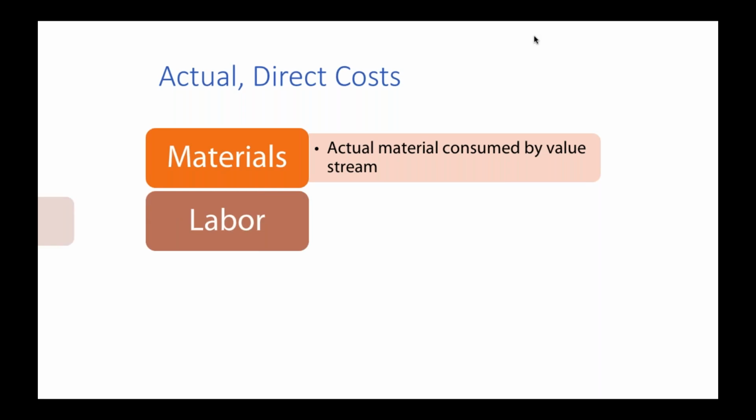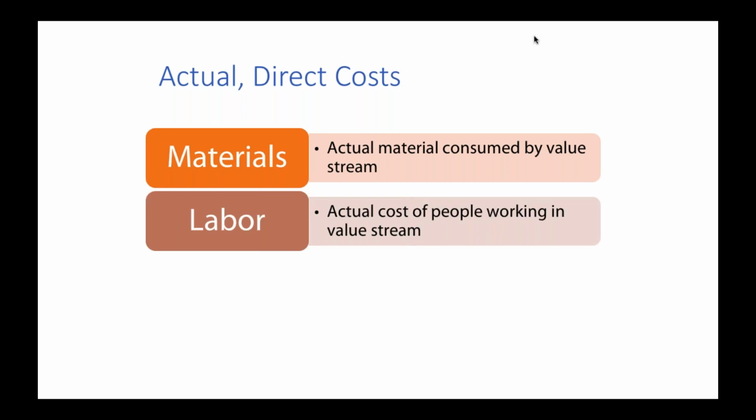Labor cost. This is the actual cost of the people that work in the value stream. Now, if you remember from the value stream identification section, we talked about, for example, all of the support costs. So in a value stream organization, you typically take people, maybe from purchasing or maintenance or quality, and they're assigned to a value stream.